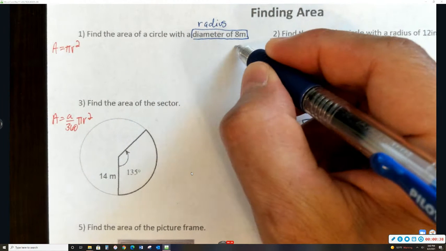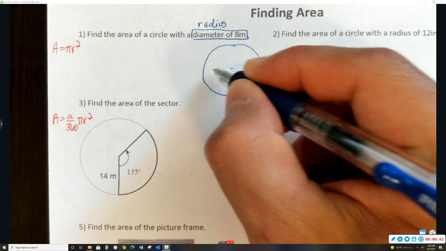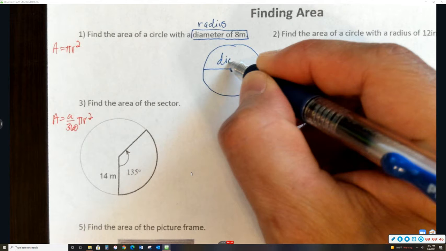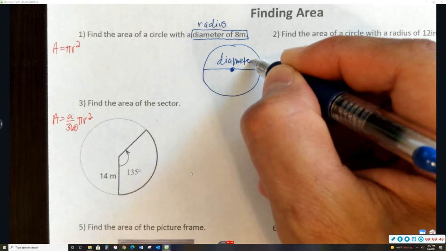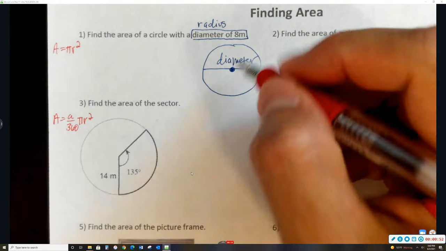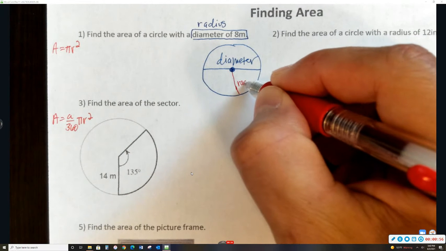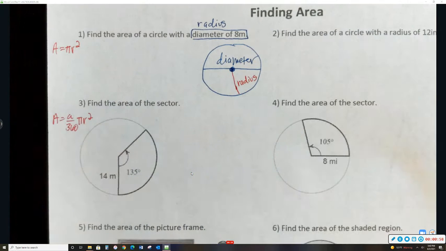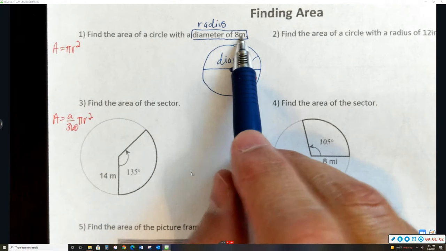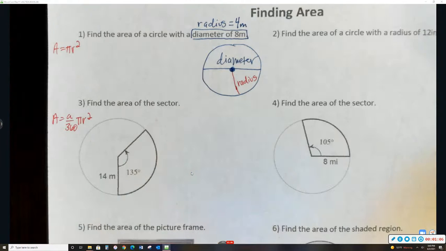Okay, and if you remember, whenever we have a circle, the diameter goes all the way across, but the radius only goes halfway. Okay. So if the diameter is 8 meters, then the radius has to be half of that, 4 meters.